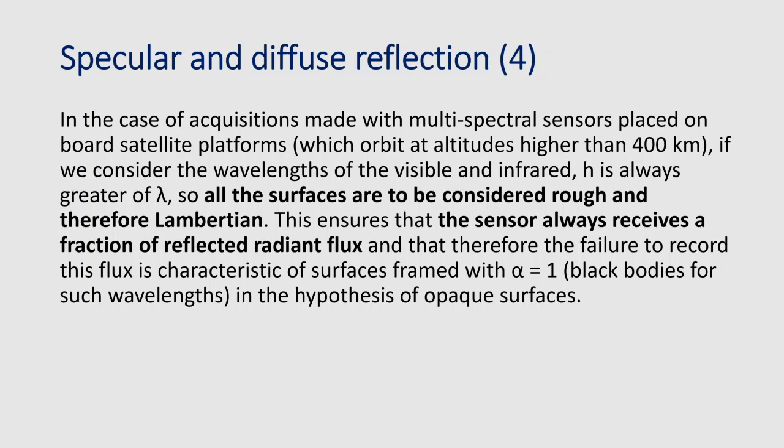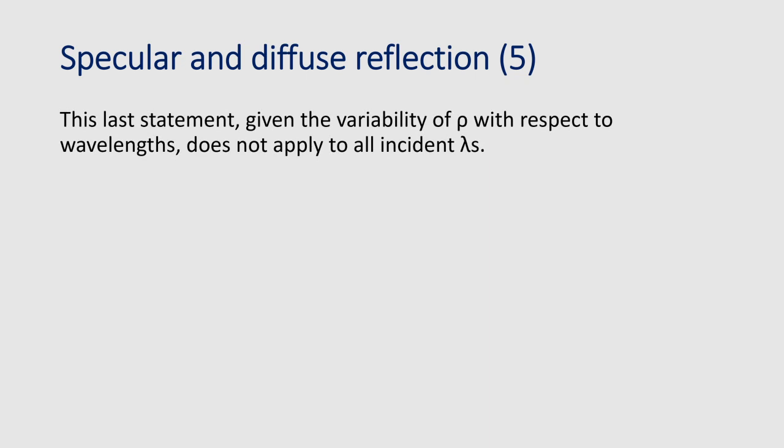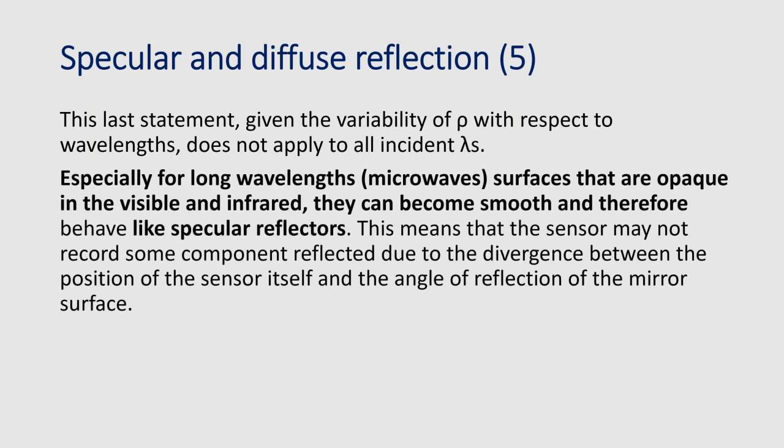And this is very important to say. This last statement, given the variability of rho with respect to wavelengths, does not apply to all incident lambdas, especially for long wavelengths such as microwaves: surfaces that are opaque in the visible and infrared can become smooth and therefore behave like specular reflectors.